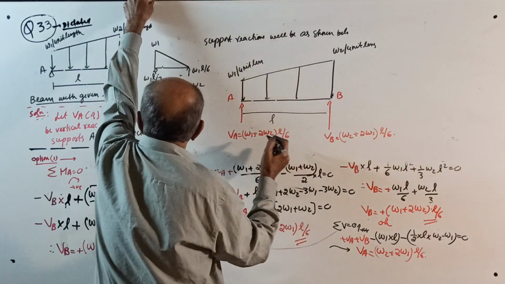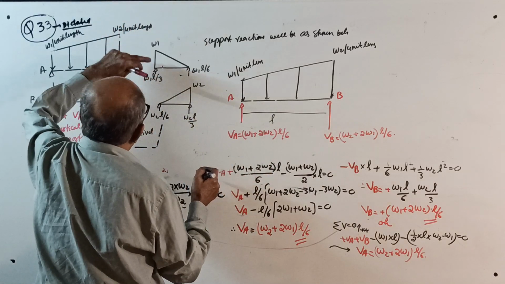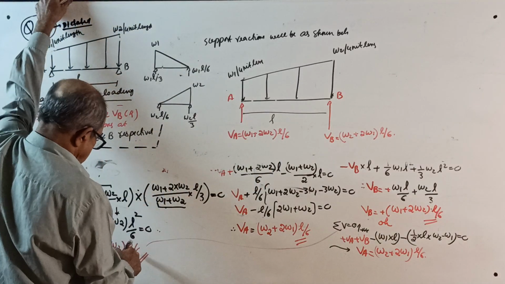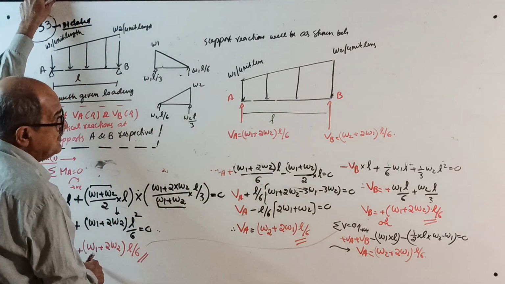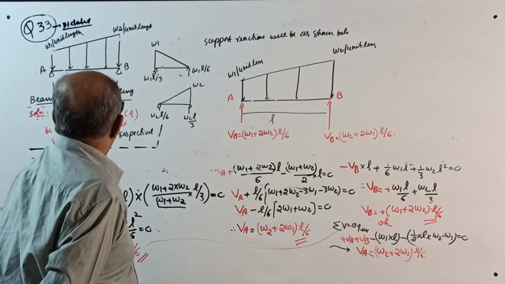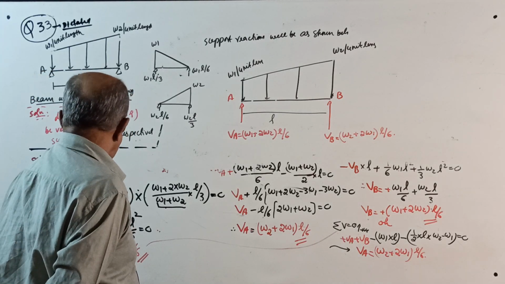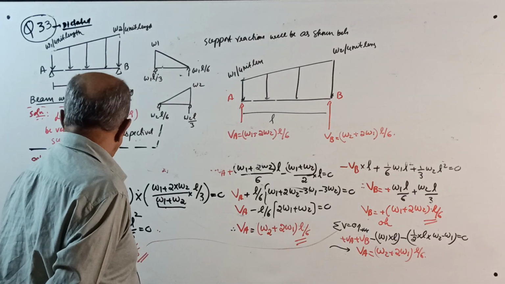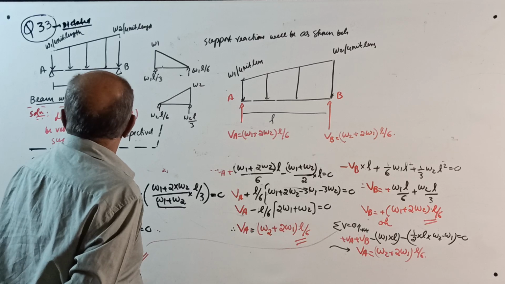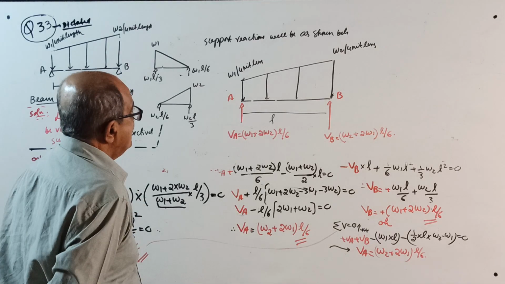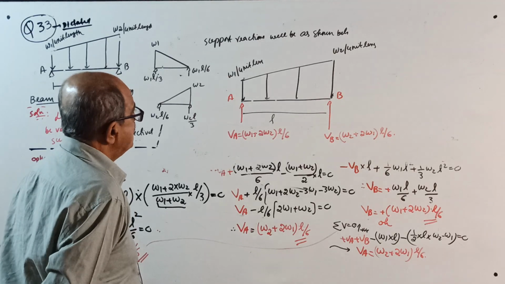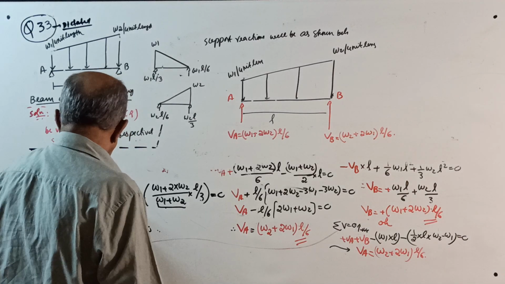So I think some number has been missed or interchanged here. VB is W2 plus 2W1, and VA is W1 plus 2W2 into L by 6.